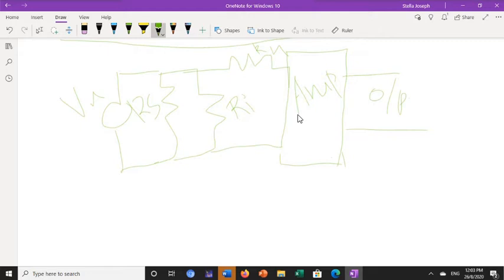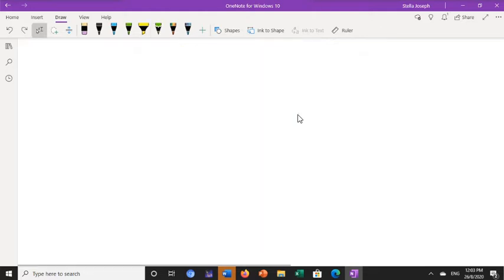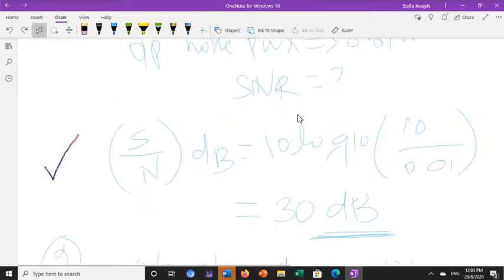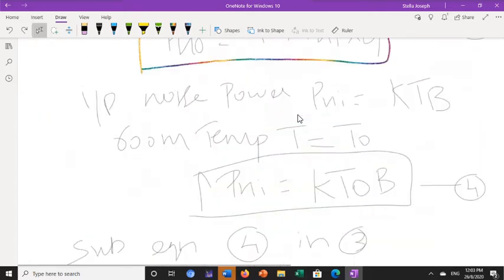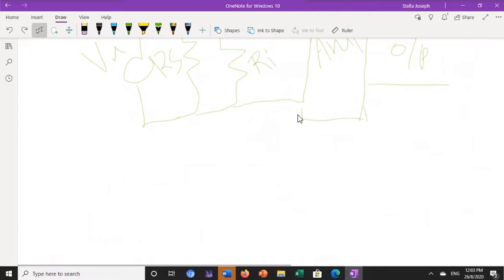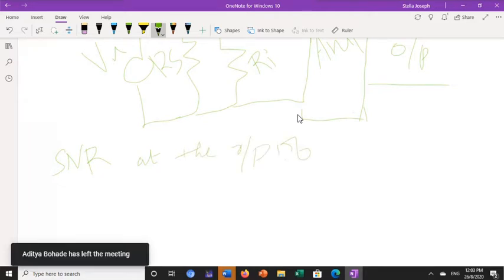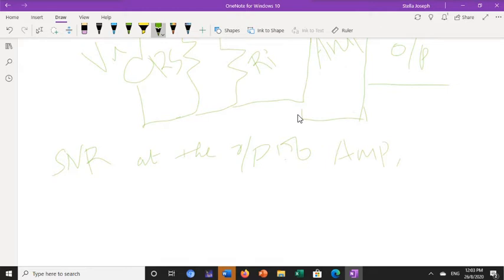So if I'm taking the signal to noise ratio of the output signal, SNR, signal to noise ratio at the output of the amplifier.